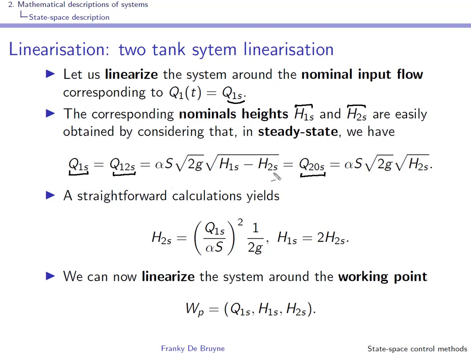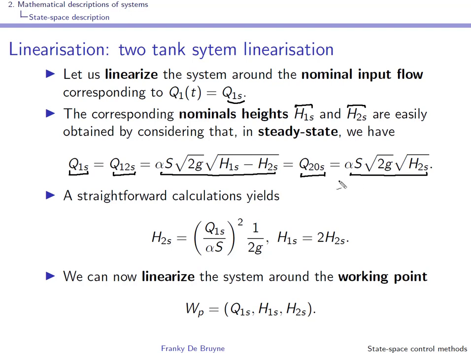Okay, so this is Q12 at steady state when we have the nominal heights, and this is Q20S here, the discharge flow in steady state, and it depends on the nominal height H2S.